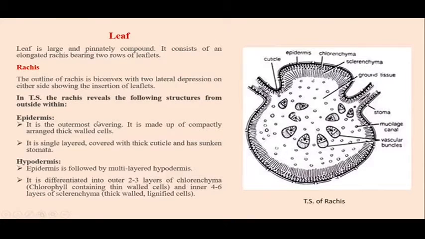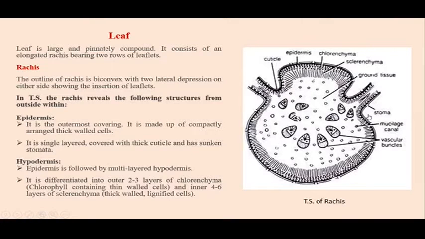Here in this T.S. of rachis, this is one convexity and this is the another convexity, and these are the two depressions where the leaflets are attached. So the T.S. of rachis shows the following structure.